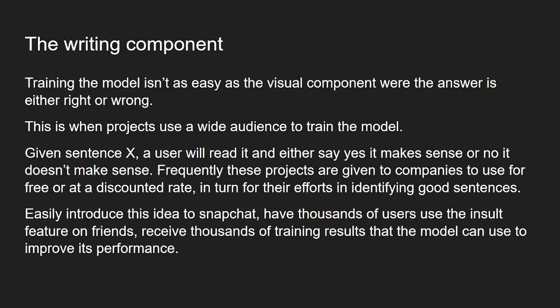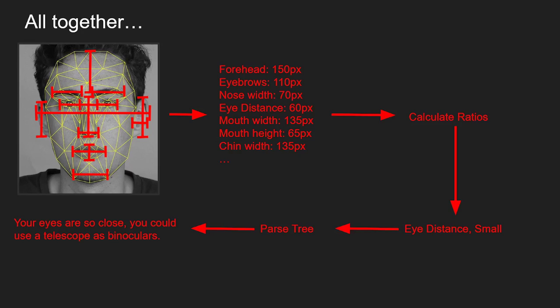You can say, okay, well, company X, we'll give you our project, and you're going to help us train it. And in turn, you get the software for free, or at a greatly reduced discount. My personal idea is to introduce the idea to Snapchat and have thousands of users use the insult feature on friends, and that way I'll receive thousands of training results that the model can use to improve its performance.